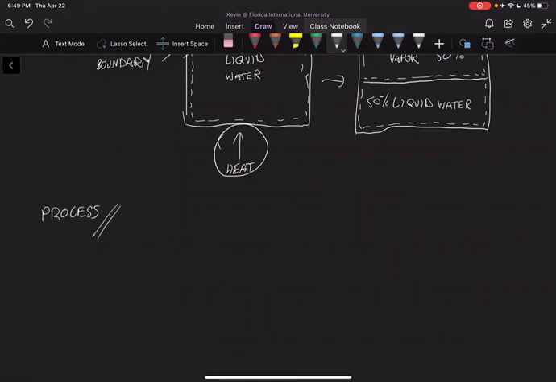So how can we define a process? A process is any change that a system undergoes from one state to another.